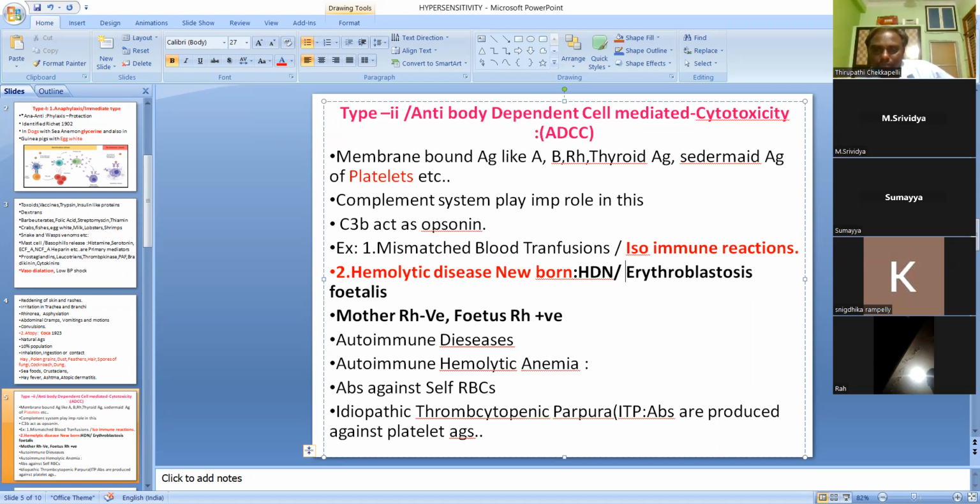Due to this rapid need, immature RBCs are produced in the fetus. Those immature RBCs are erythroblasts.